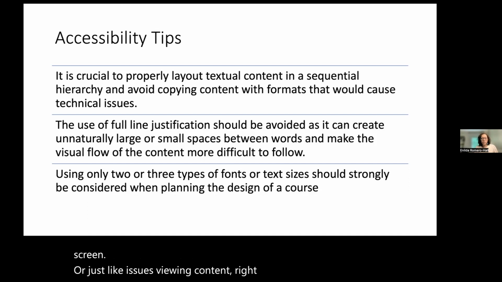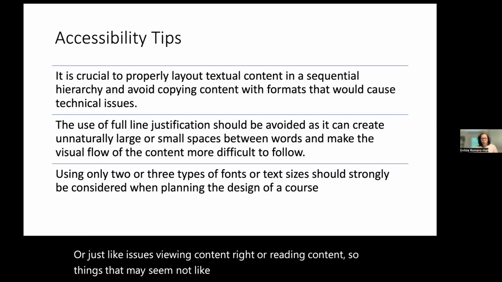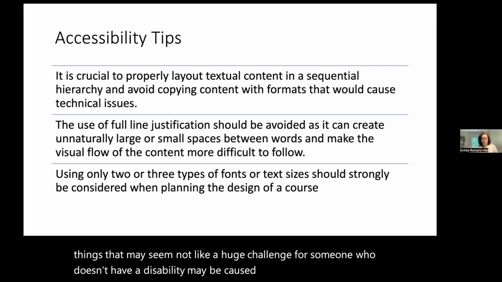Or reading content. So things that may not seem like a huge challenge for someone who doesn't have a disability may be causing distress to somebody else.